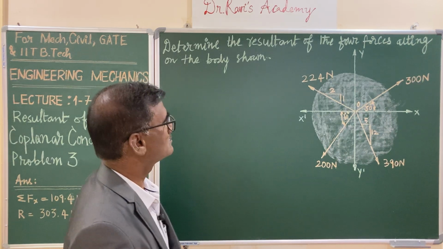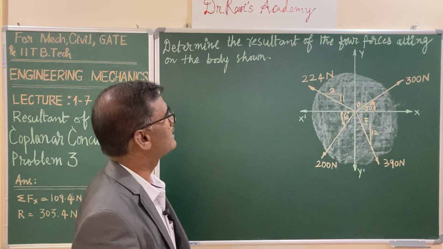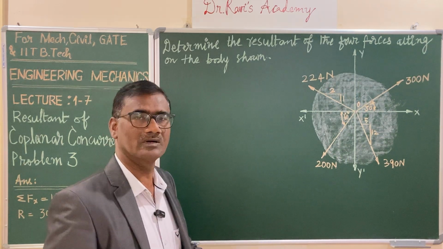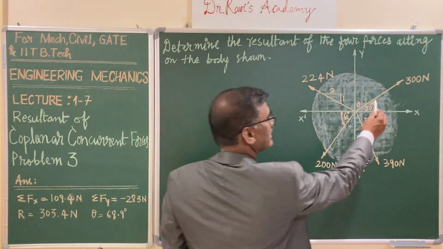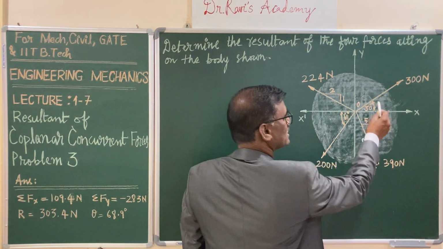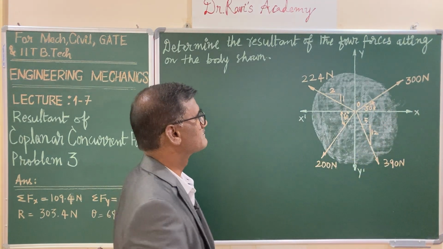Now, you want to determine the resultant of these four forces, and the process you are going to adopt is to resolve each force. This 300 newton force you are resolving into two rectangular components.